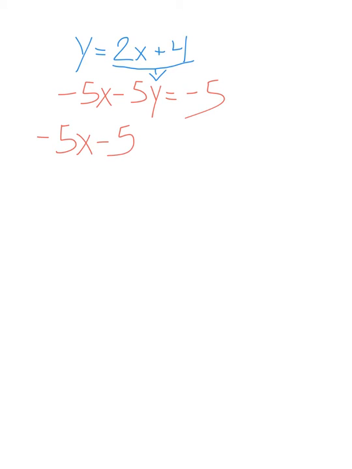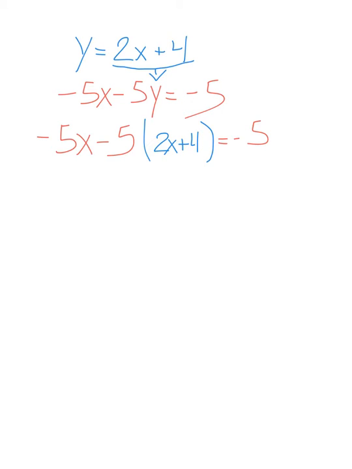And now we're substituting that expression in for y. So we have y equals 2x plus 4. So I'm substituting 2x plus 4 in for y. And then equals negative 5. So once again, we substituted that 2x plus 4 into our second equation for that variable y.